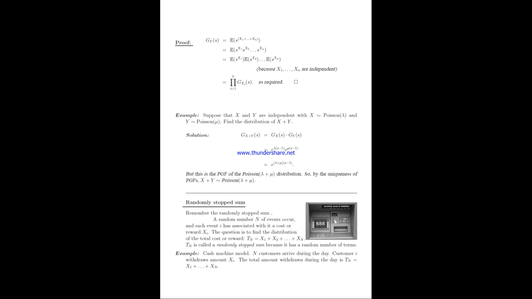So when you take the summation of these two random variables, they also have a Poisson distribution with lambda plus mu as the parameter. That is something we know, right? So it can be seen by using the properties of the probability generating function.